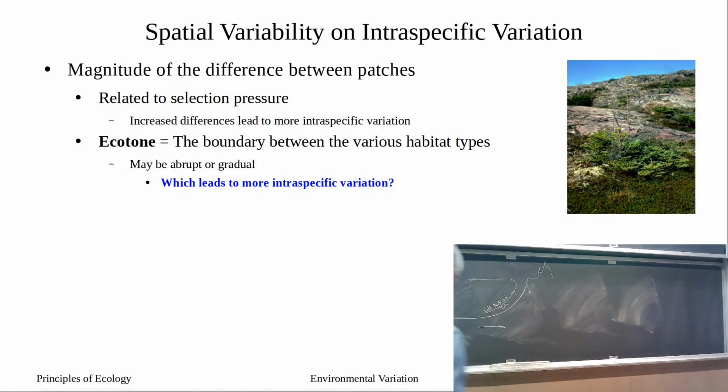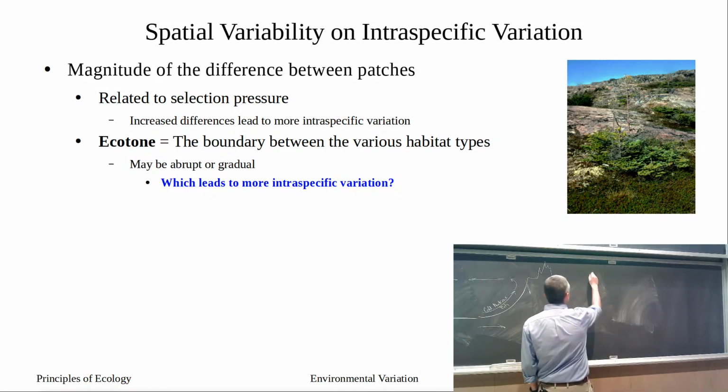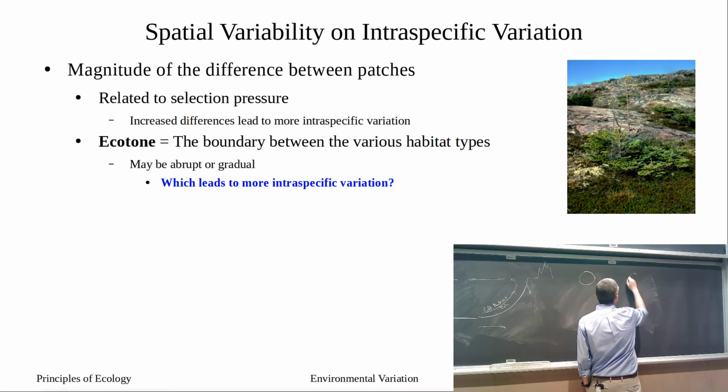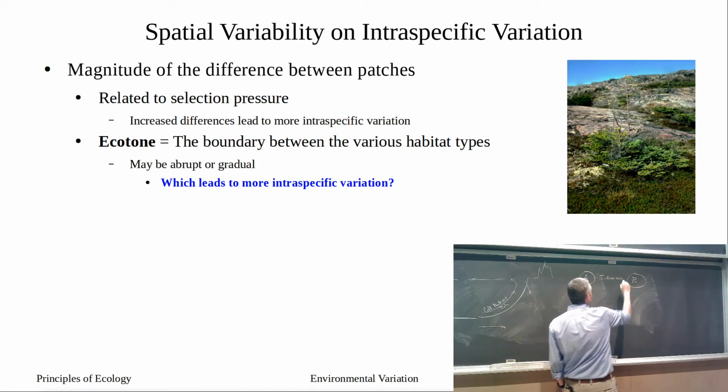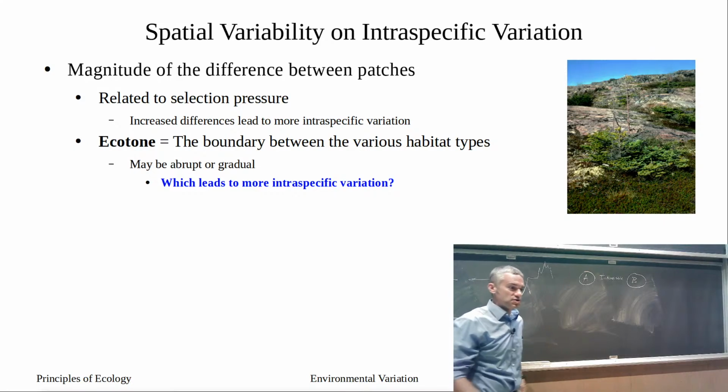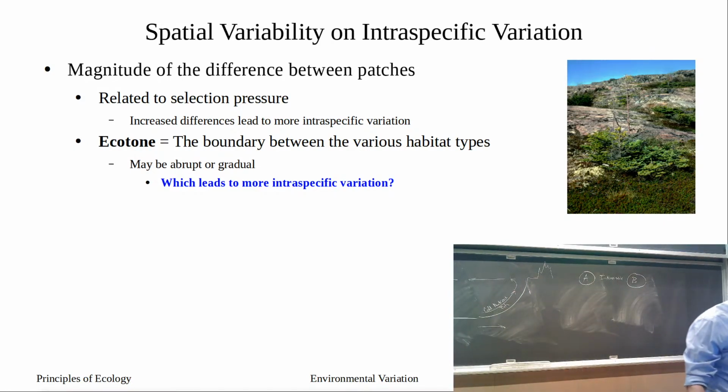So, I'm going to have to use a small one. Assume we have 2 patches. Patch A, patch B. This is inhospitable. All right, so our populations are in that area.